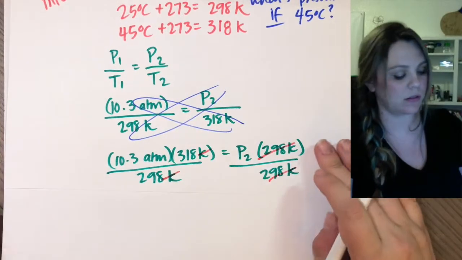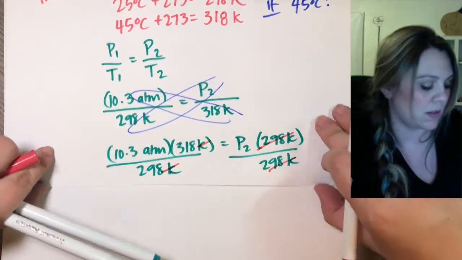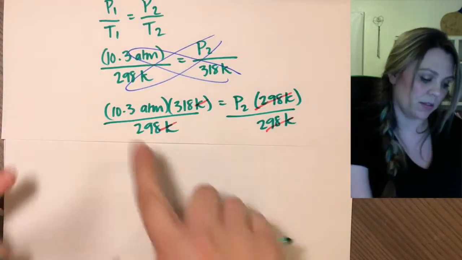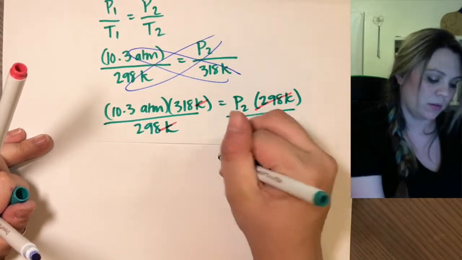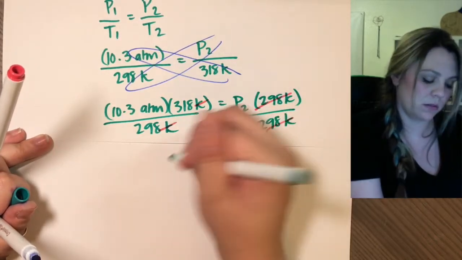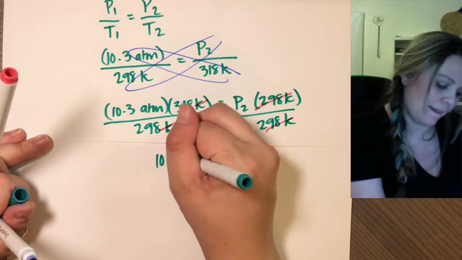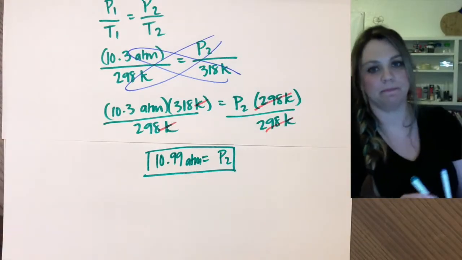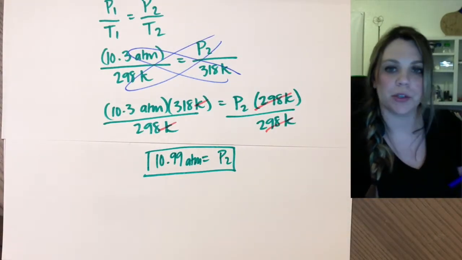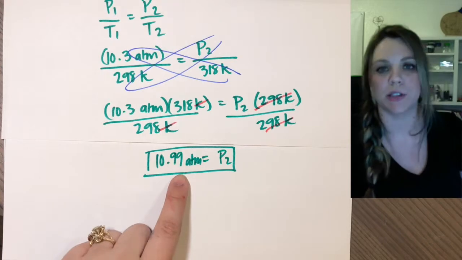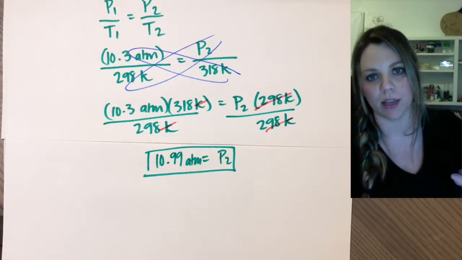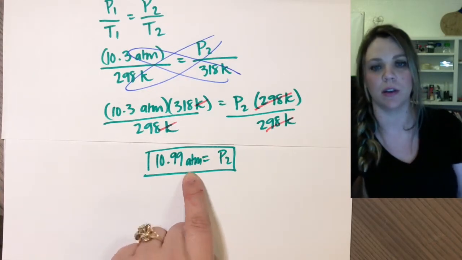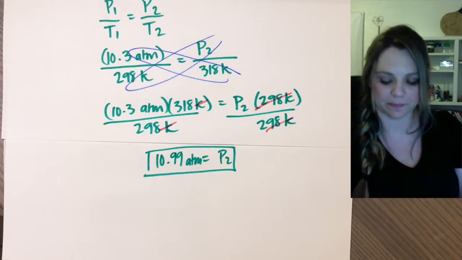Kelvin and Kelvin cancel. Multiply those together, divide. Pressure 2 is equal to 10.99 atmospheres. Okay, so my pressure has gone up. So maybe they have that warning on the can because if you reach 11 atmospheres, it'll explode or something. So we don't want to have the pressure build up too much in that aerosol can.